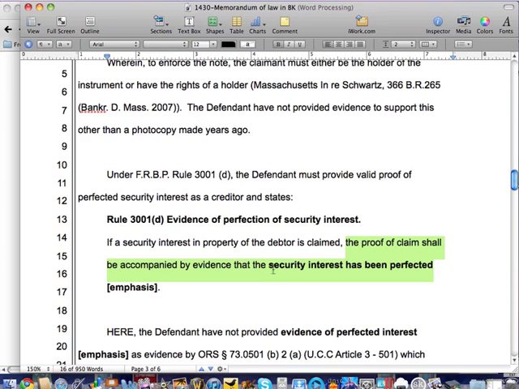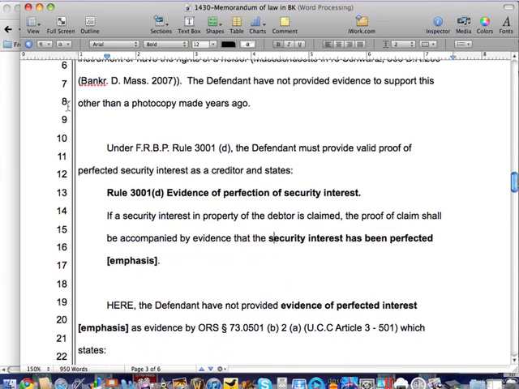So what that means is the burden of proof all of a sudden has shifted from the plaintiff to the creditor. Now they have to provide evidence that they are entitled to enforce and have a perfected security interest in the property before they can claim.